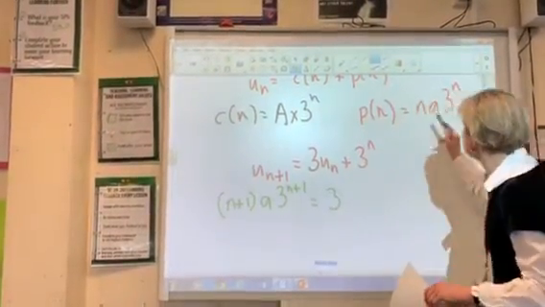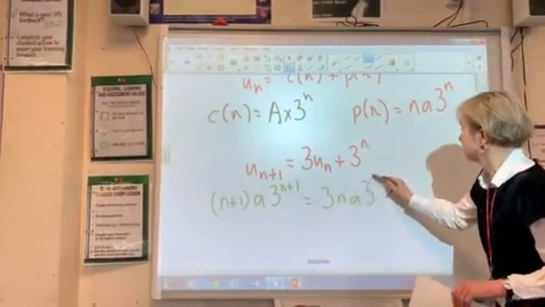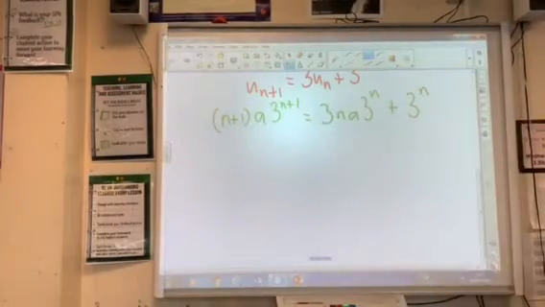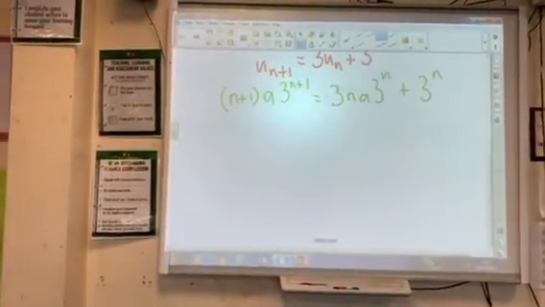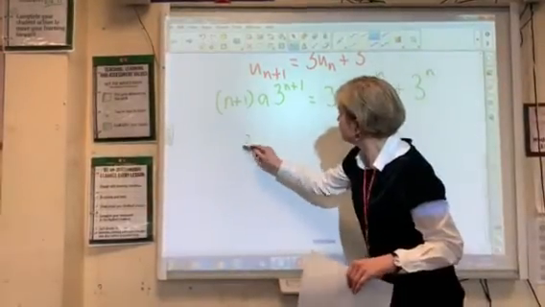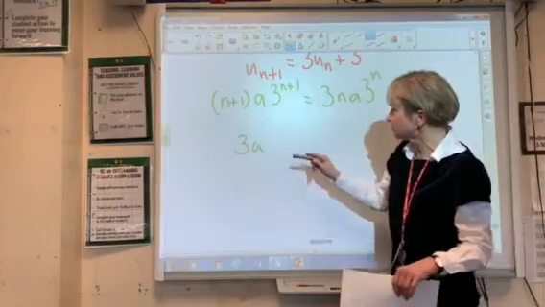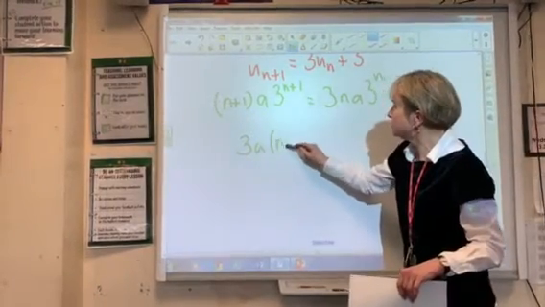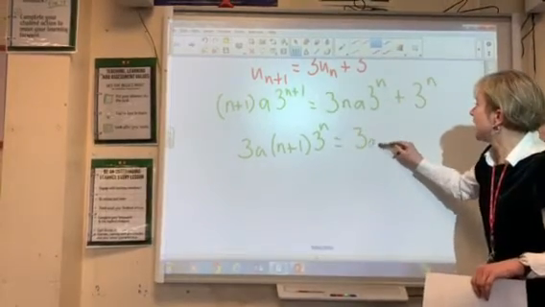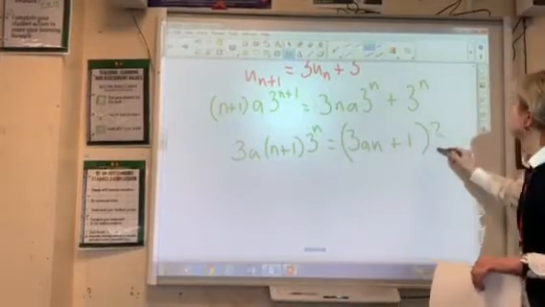And so it's 3 times my un. So what I'm now going to do is rearrange this to get everything in terms of 3 to the n. I know that 3 to the n plus 1 is 3 times 3 to the n. So I've got n plus 1, 3 to the n equals 3an plus 1, 3 to the n.